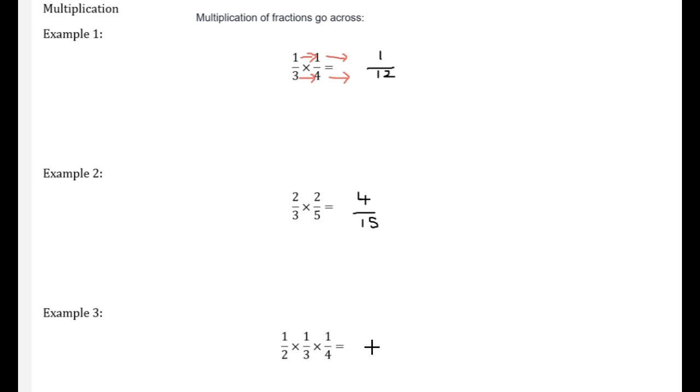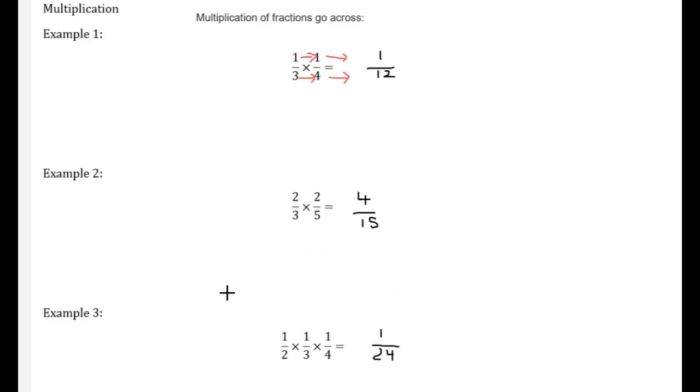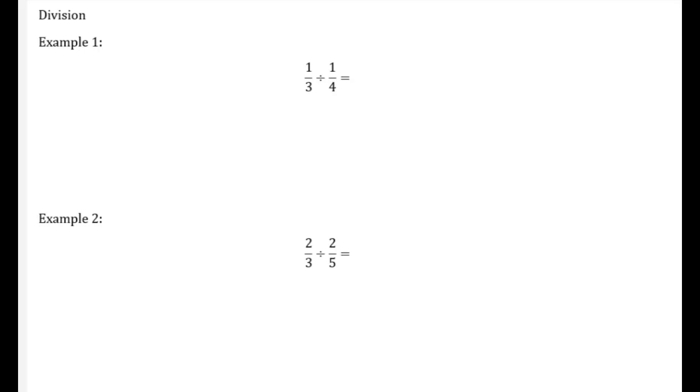And same for example 3, which is just 1 on the top, because 1 times 1 times 1 is 1. And on the bottom, we have 2 times 3 is 6, and 6 times 4 is 24. So we get 1/24. Pretty simple as well. Multiplication is the easiest of them.